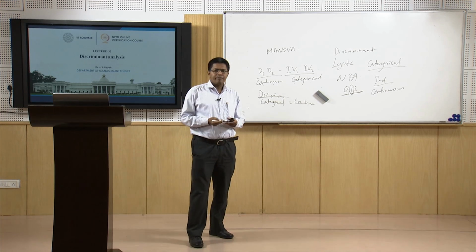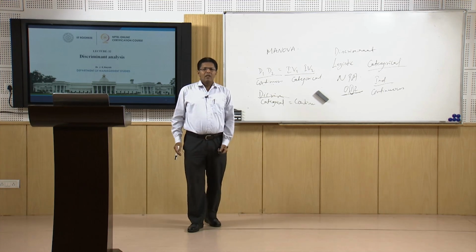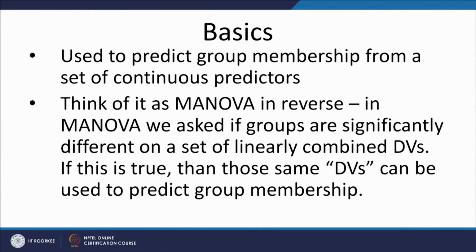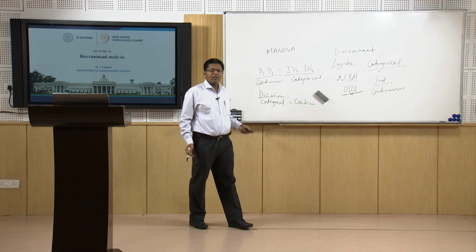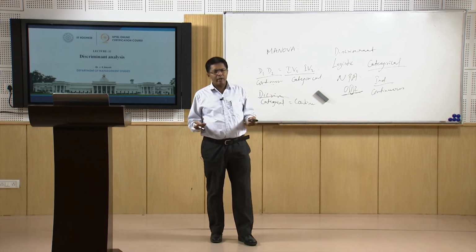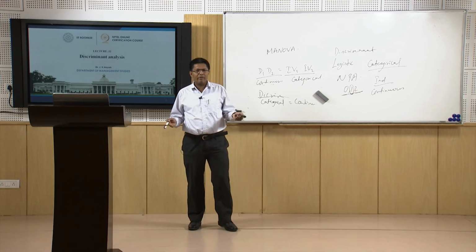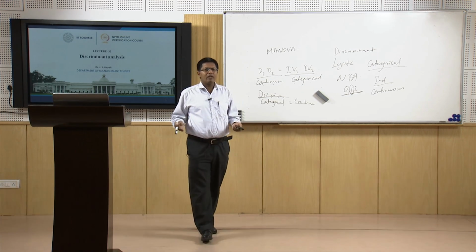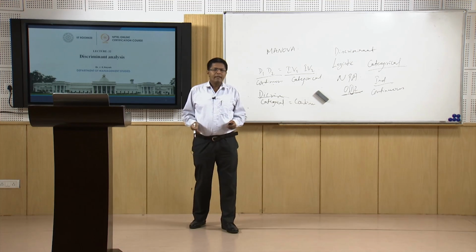As it says, in MANOVA we asked if groups are significantly different on a set of linearly combined DVs. Now these dependent variables could have a high collinearity, though it is not advisable to have high collinearity between them. Anyway, it was helping us to predict group membership, right.